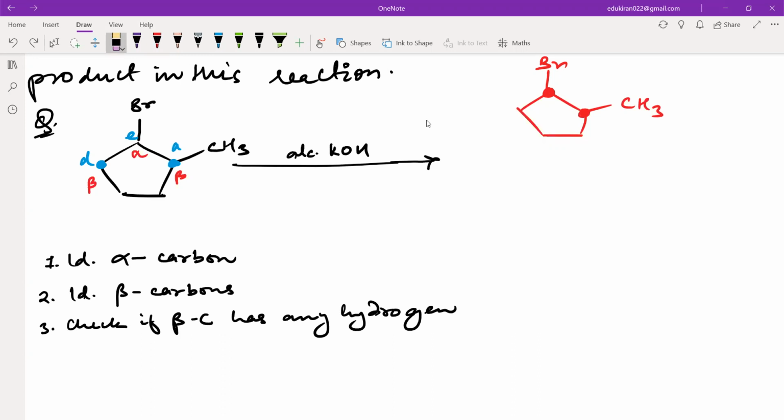Matthew, you are saying that this is the structure, right?